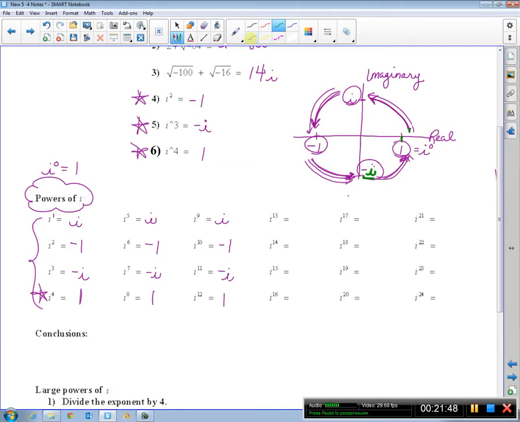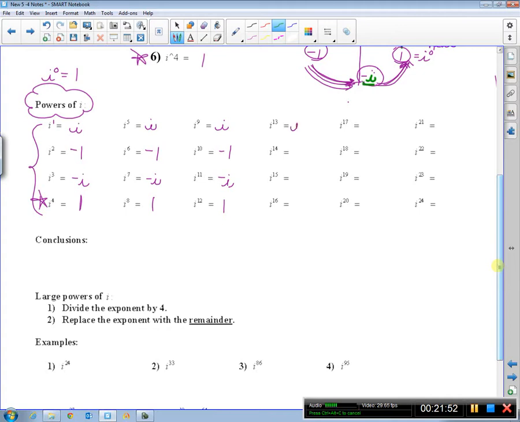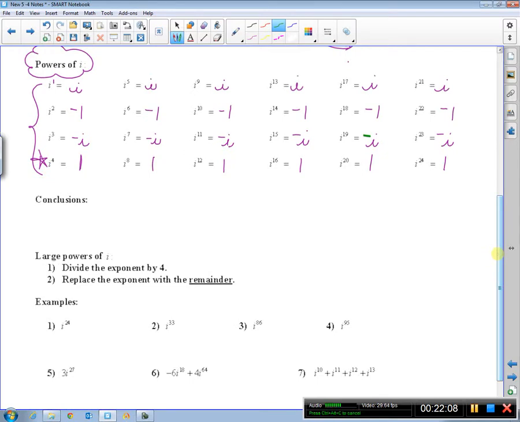And I need you to come up with some conclusions here. The cycle is the same all the way through. i, negative 1, negative i, 1. i, negative 1, negative i, 1. i, negative 1, negative i, 1. We've only gone up to a power of 24.